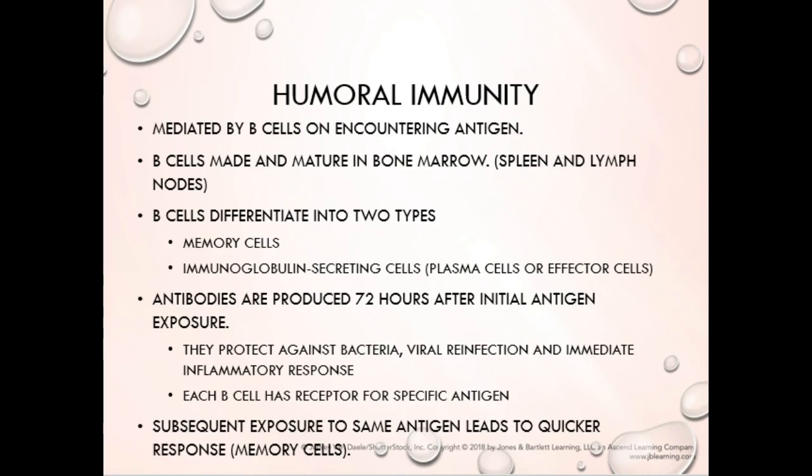Okay, so memory cells will take the memory of that antigen or infectious agent, and they step aside and keep the memory of it. And that memory helps, if we're ever infected again, to create new antibodies against it.